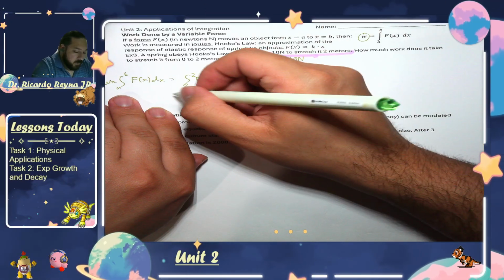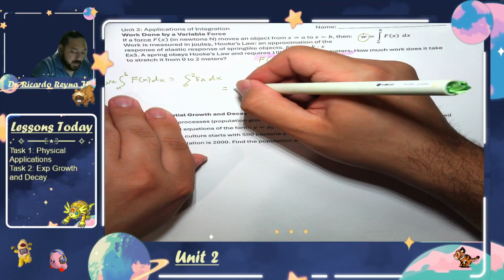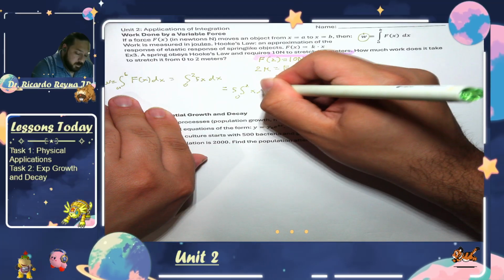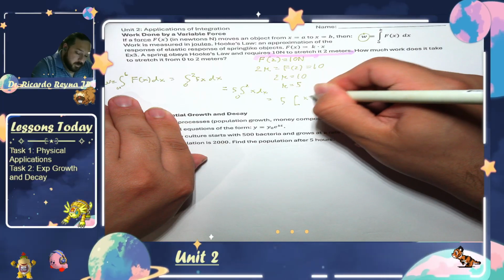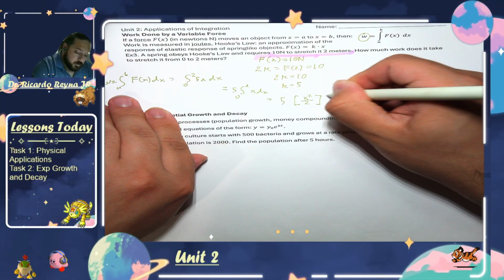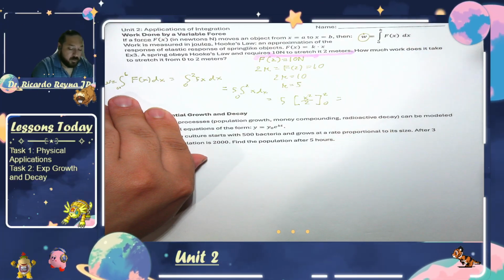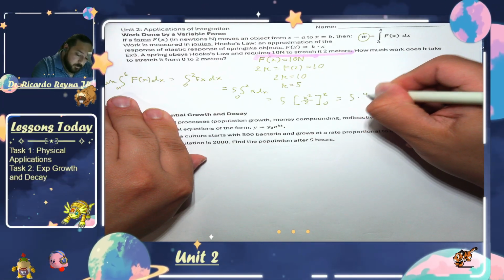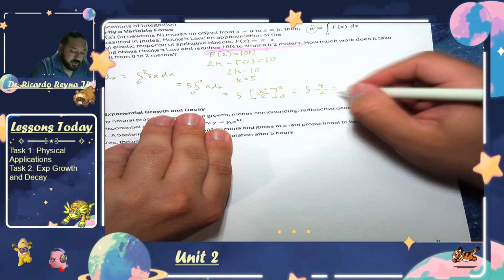Okay, then from here, you could take out the 5. And then you do 5 times x squared over 2 from 0 to 2. Taking advantage of the fact that 0 will make the whole thing disappear, you're just going to plug in 2. 5 times 4 over 2, which I technically should have just done.